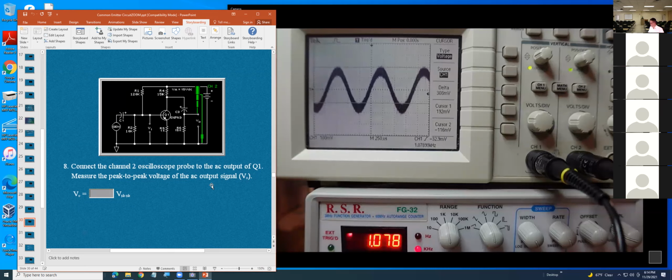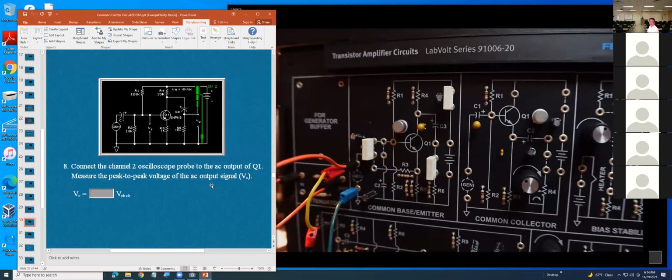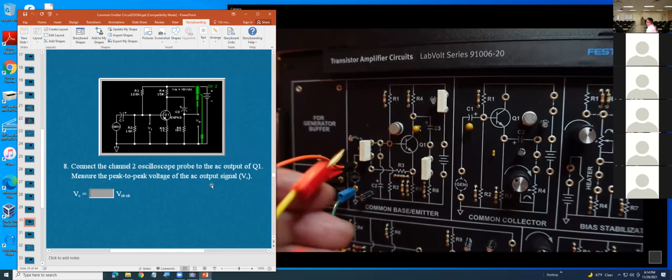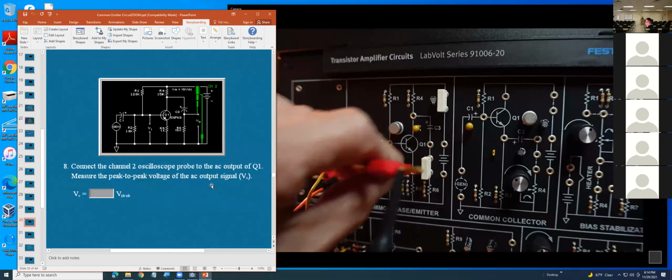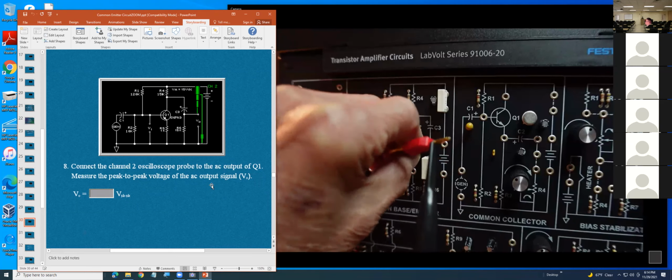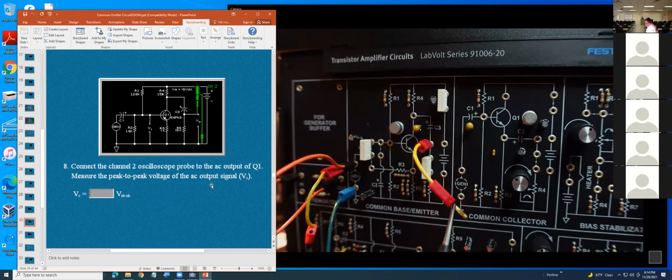So I use channel 2. Okay, this is channel 2, connected to the output here. And the ground will be tied to the ground.